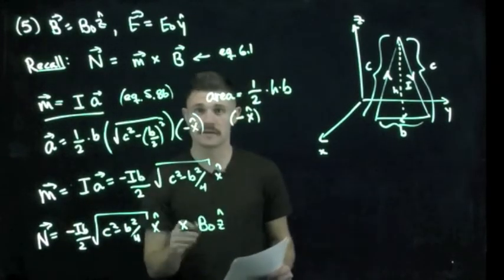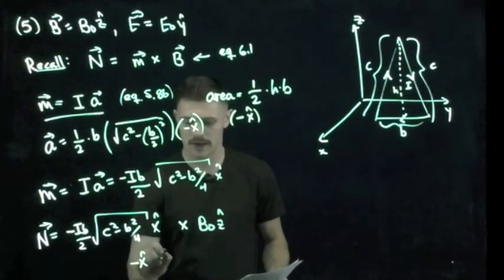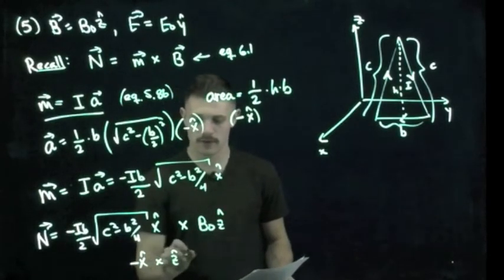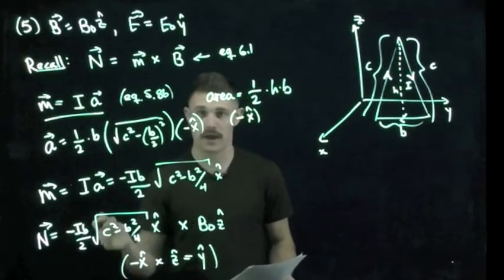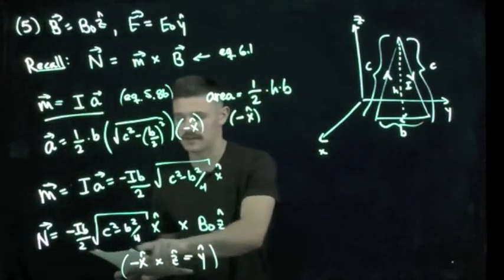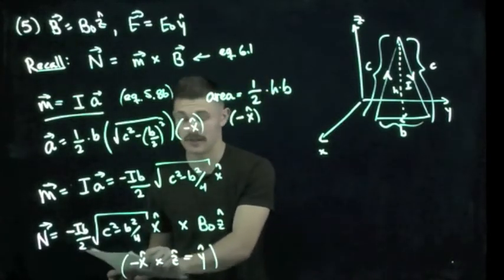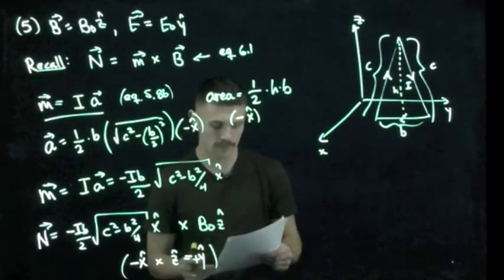Of course, all the constants we can pull out right away, and what we're looking at for the cross product is simply negative x hat crossed with z hat, which is just equal to y hat. That's just the standard x, y, z cross product, where negative x hat crossed with z hat gives a positive y hat.